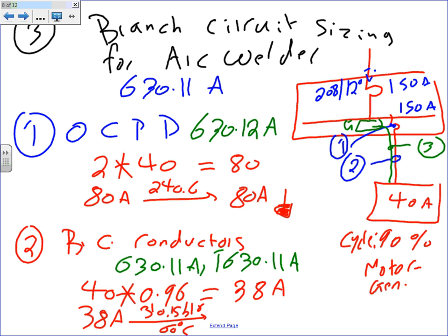How many conductors do I need? Just 3-phase, so 3 conductors, number 8 AWG THHN. Number 8. Any question, guys, about this?